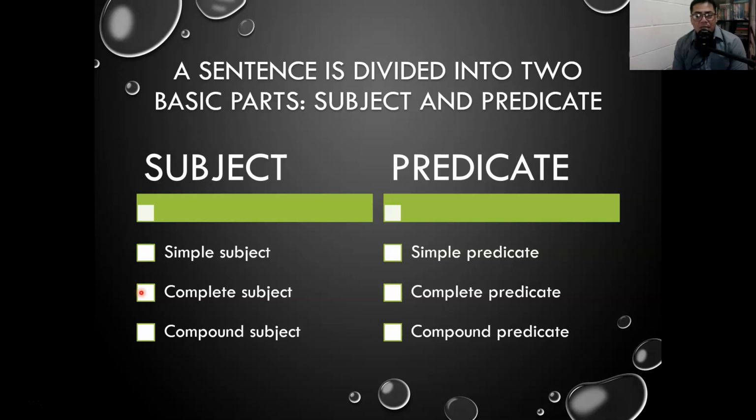So when that happens, when I have more than one simple subject in the subject position, of course, then I say that I have a compound subject. So if I say something like, Fred, Mark, and Jennifer arrived to the lake.